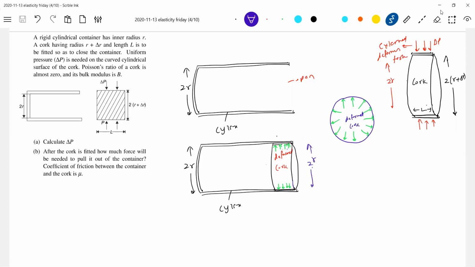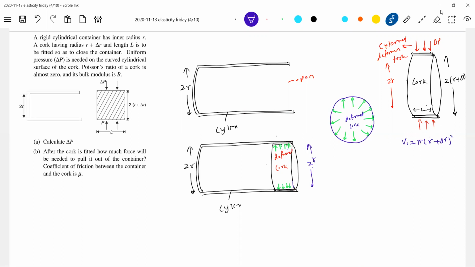So let's get into the volume. So what is the new volume? Change in volume. Anybody? How to calculate the change in volume of the cork? Initial volume was how much?